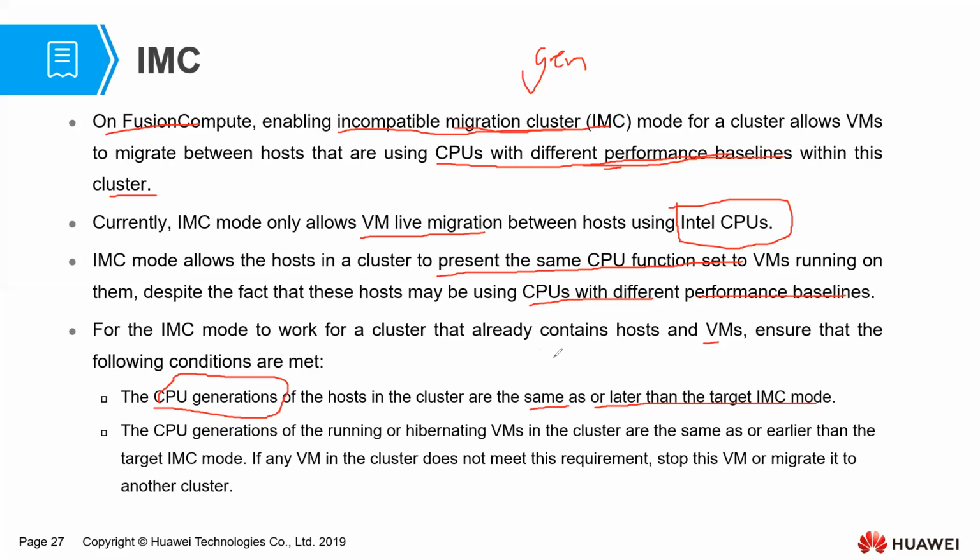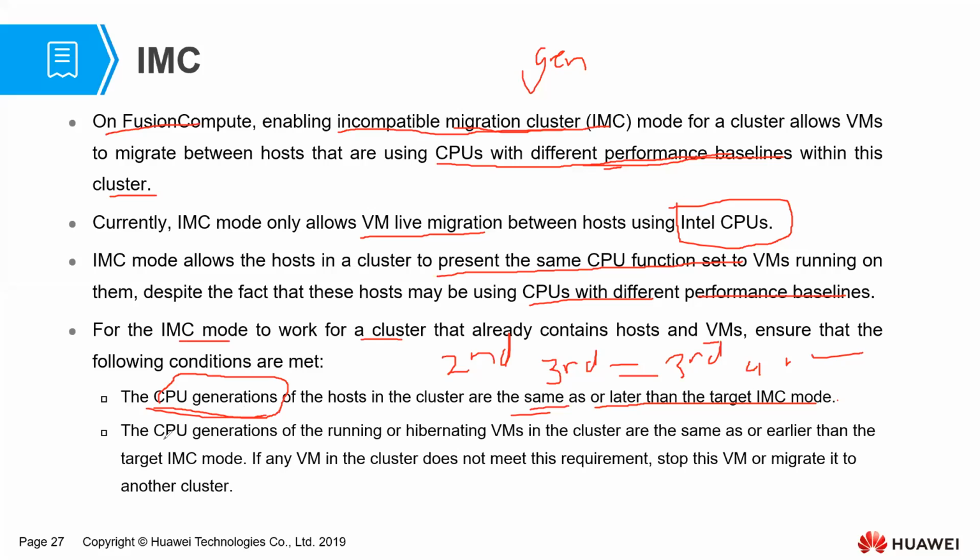So if you're using a CPU of the 3rd generation, it must be either 3rd generation or 4th or later, but not 2nd generation. Okay, so take note of that. If the CPU generation of hosts in the cluster is the same or later than the target IMC mode, then we are able to enable our IMC mode on that given cluster.